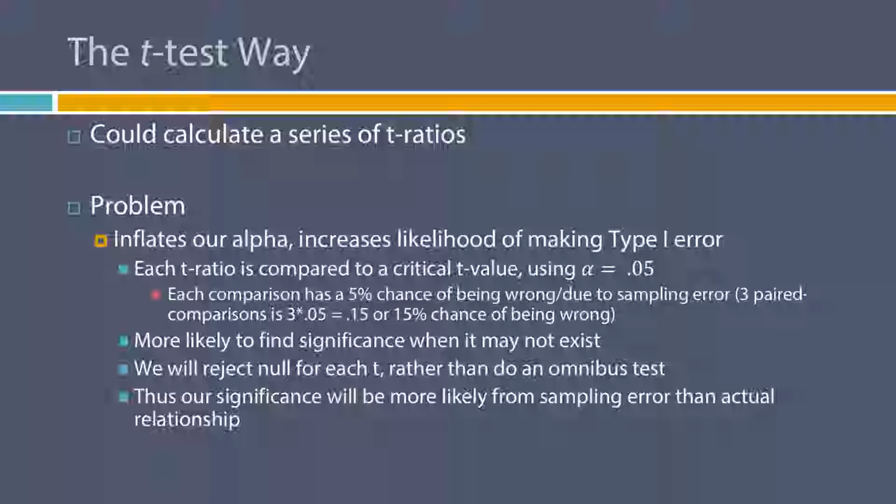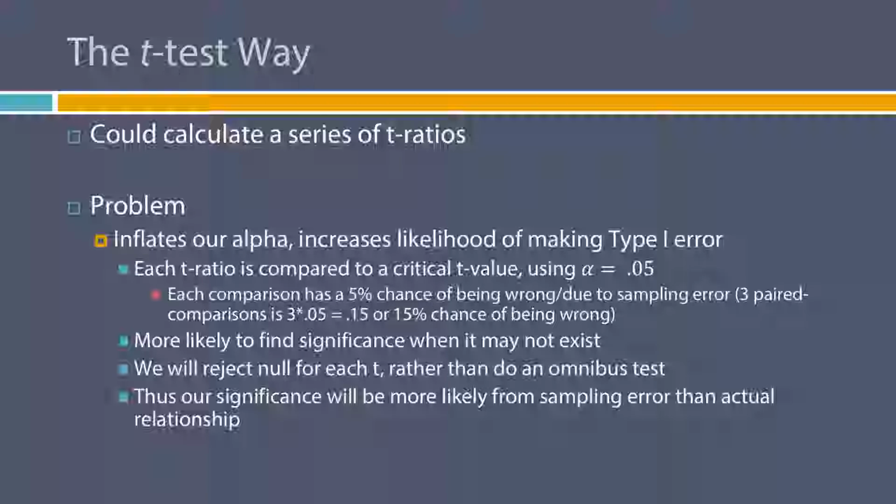So if we run a t-test between incomes, mean difference on incomes between blacks versus whites, that has an alpha level of 0.05. And then we run the next t-test, blacks versus everybody else. That also has an alpha of 0.05. And then whites versus everybody else. That also has an alpha level of 0.05.